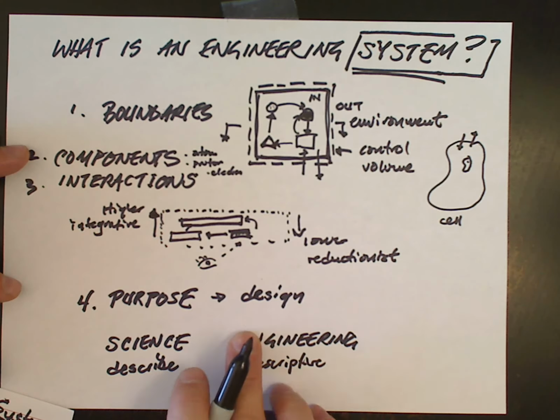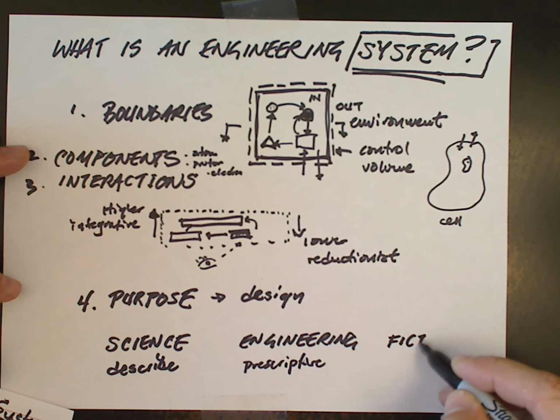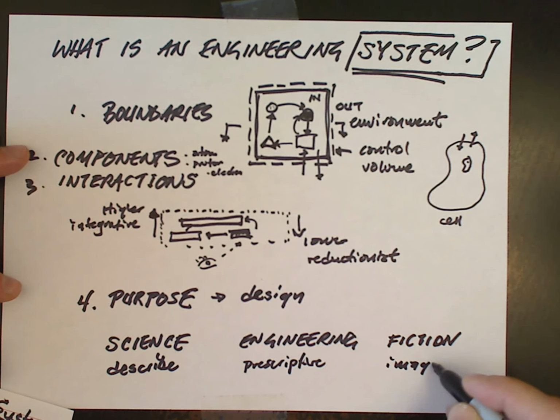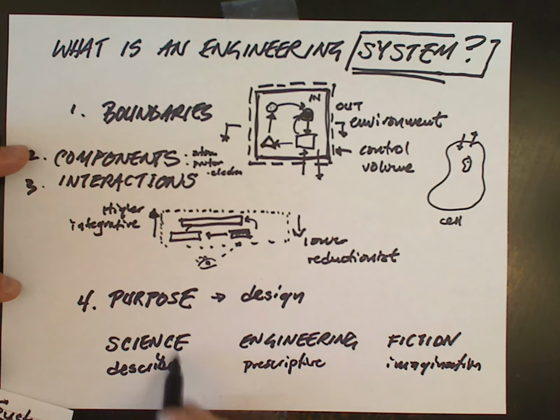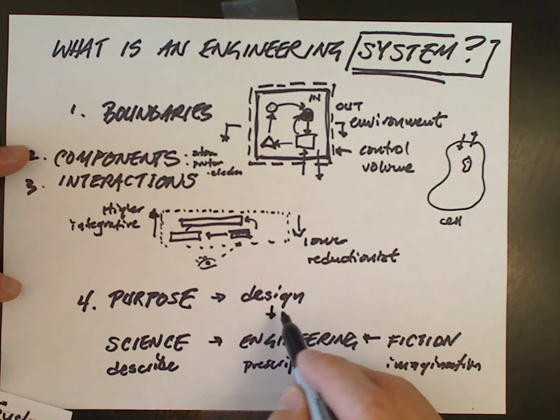It is the engineer's job to conform the world to their imagination, which is why engineering is the bridge between science and fiction. It's the engineer that uses the descriptions of science and the creative imagination of the way the world could be, merges them in the middle to create the artifacts of design.